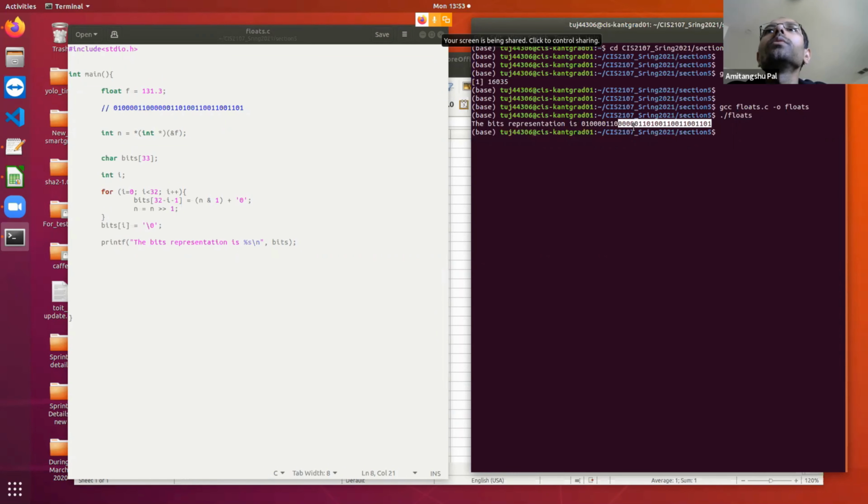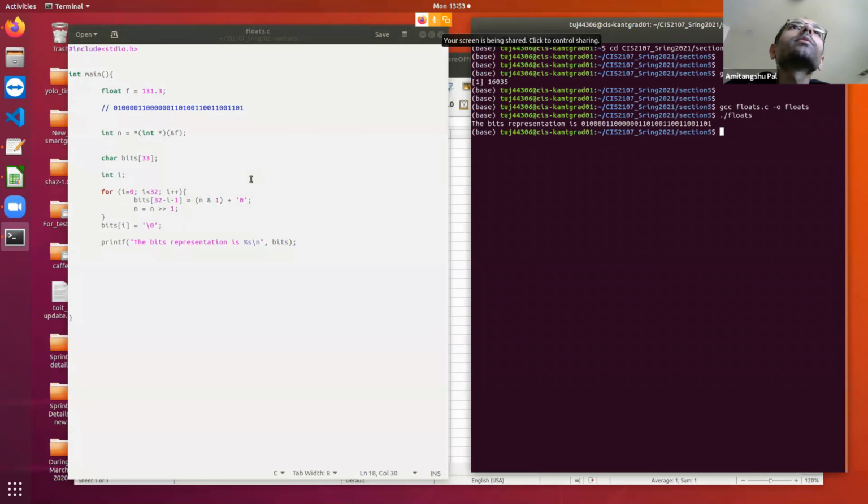So 0, 0, 0, 0, 0, 1, 1, 0, 1, 0, 1, 1, 0, 0, 1, 1, 0, 0, 1, 0, 0. Here also you will get 5 zeros, okay, followed by 1, 1, 0, 1, 0, 0, 1, 1, 0, 0, 1, 1, and in this way, this trend is going to continue.